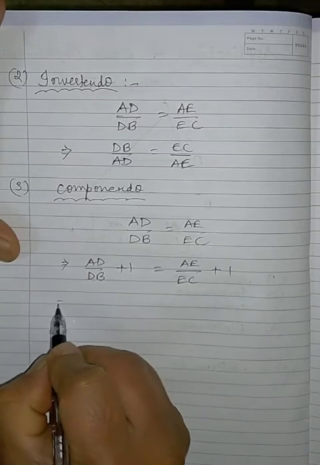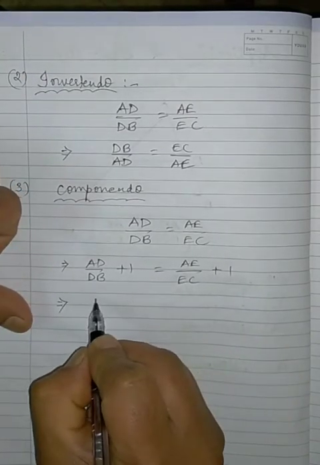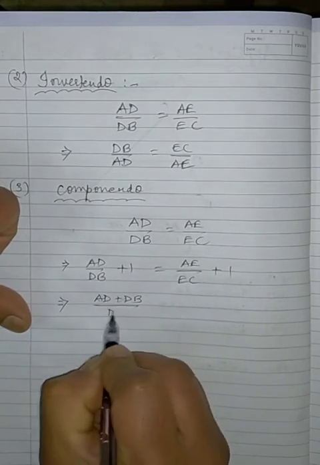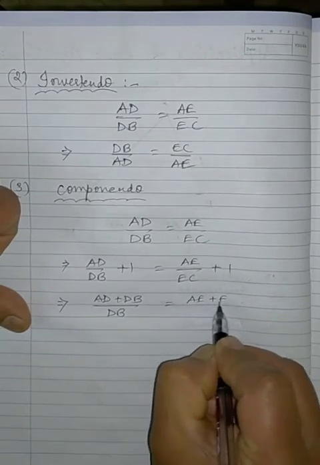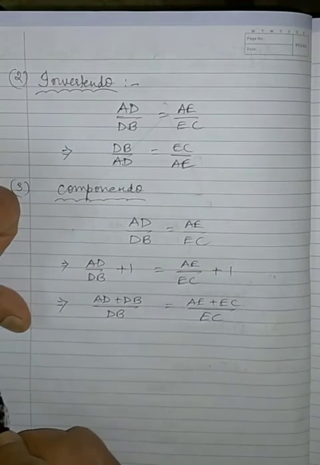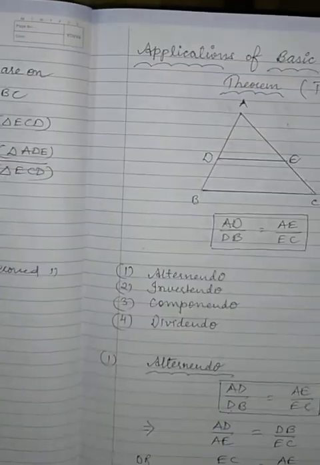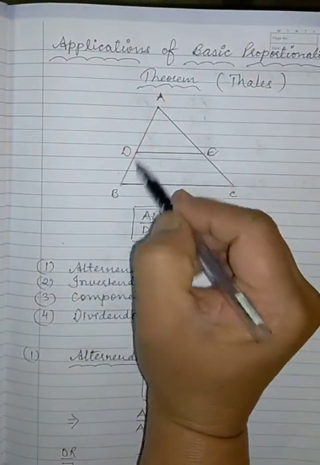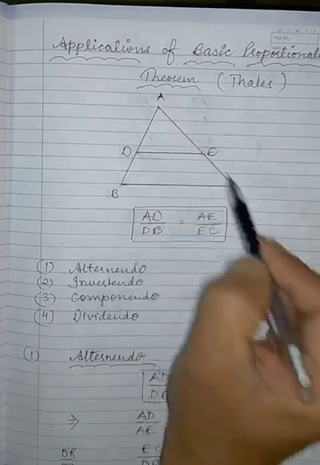Okay? Then we take the LCM of this. So AD plus DB upon DB will be equal to AE plus EC upon EC. So now if you look at this figure, AD plus DB becomes AB and AE plus EC becomes AC.